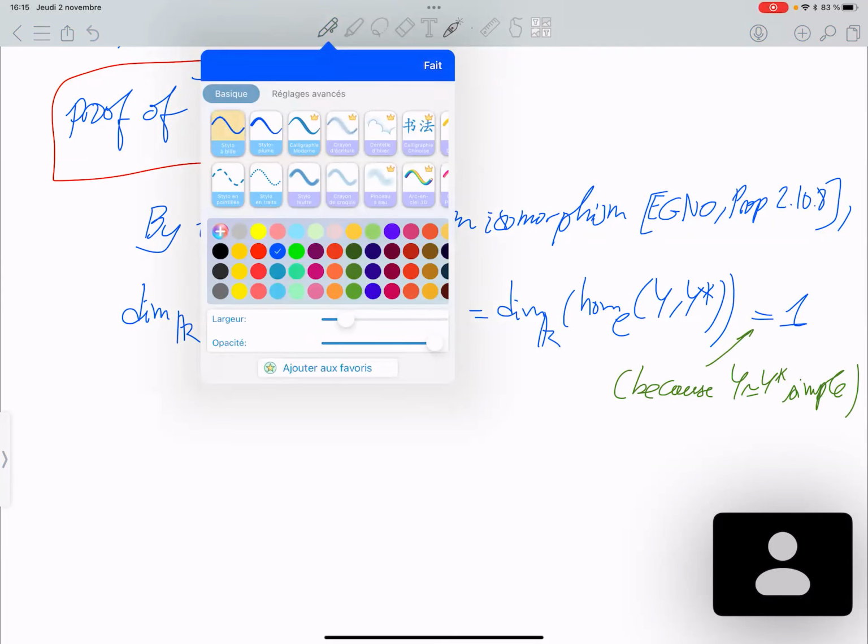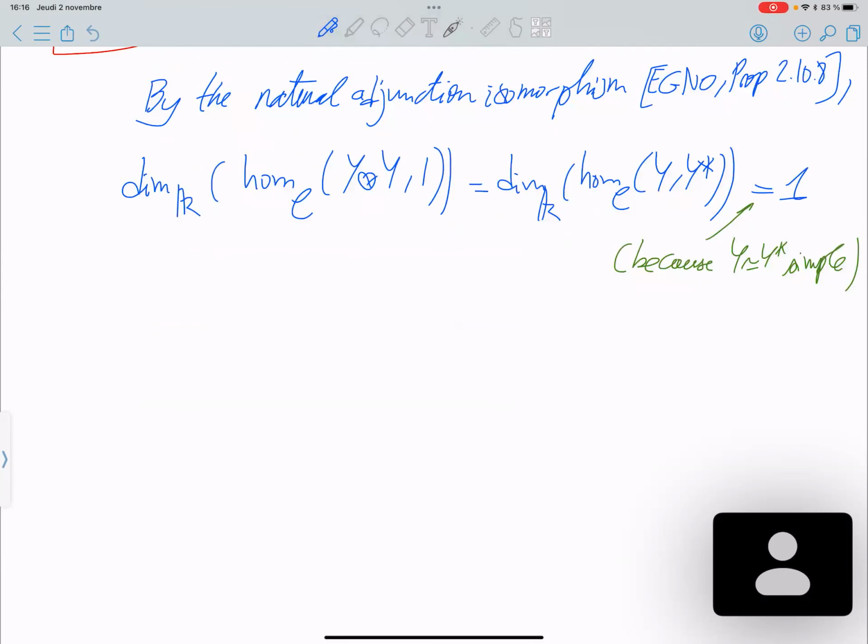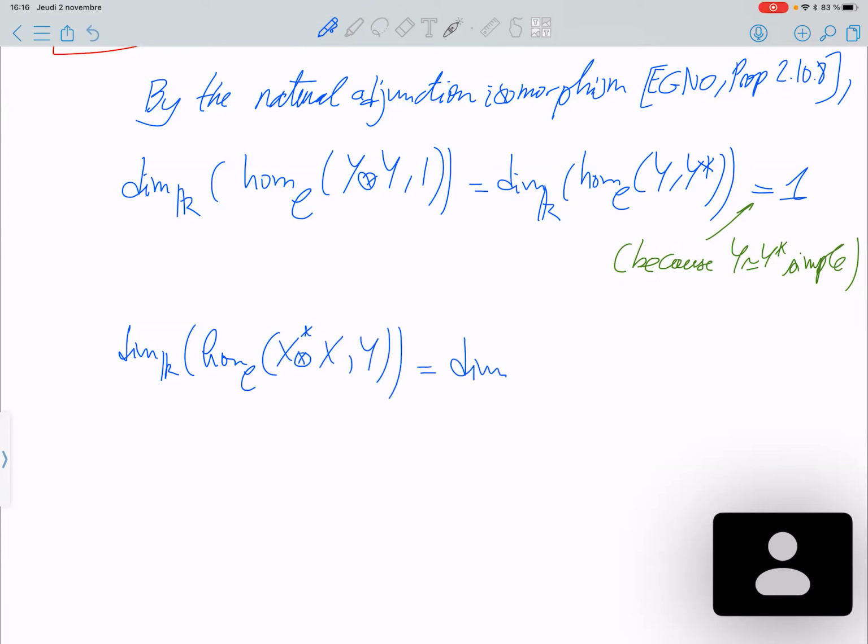Then Schur's lemma, etc. So, second equality, second isomorphism: the dimension of the Hom space of X tensor, so X star tensor X, Y, is equal to the dimension of... similarly, it's not just the dimensions which are equal, but the two Hom spaces are isomorphic by the natural adjunction isomorphism.